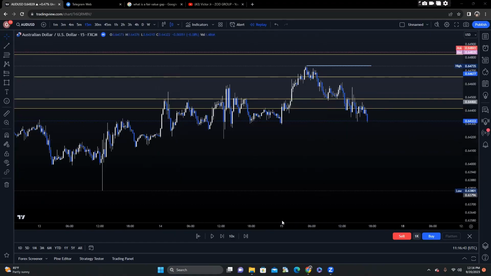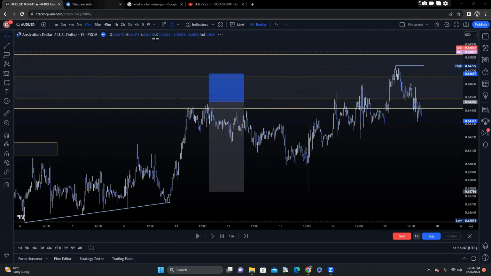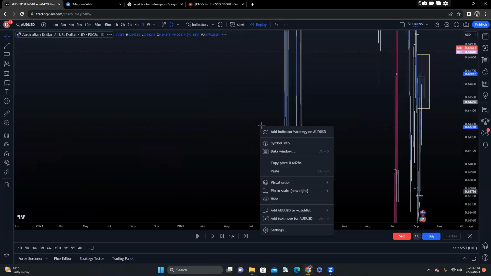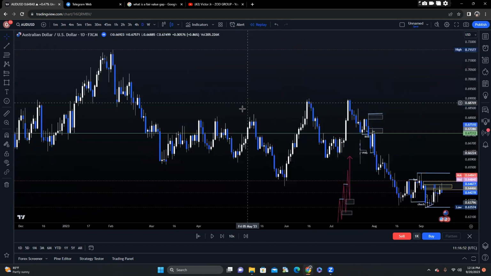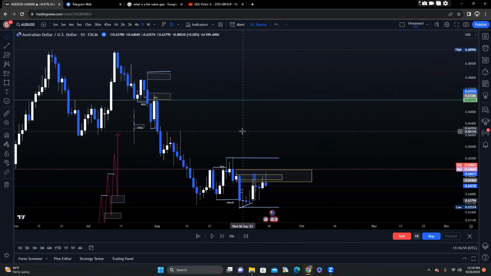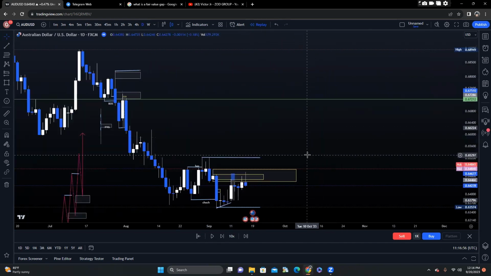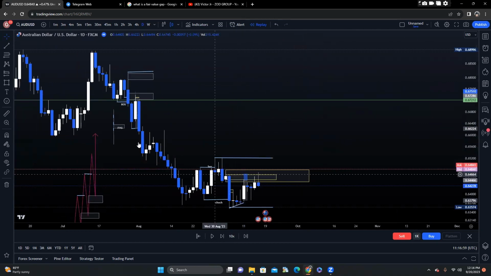All right, so let's just wrap up this video because we're already at the end here. So remember we said on the daily time frame, price is just sitting on our order block here. Price is trading in this order block on the daily time frame.